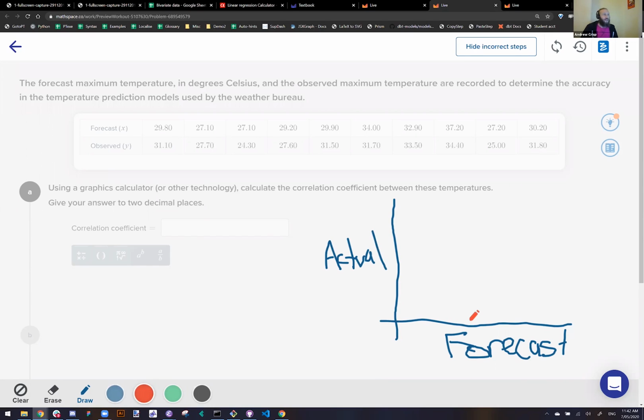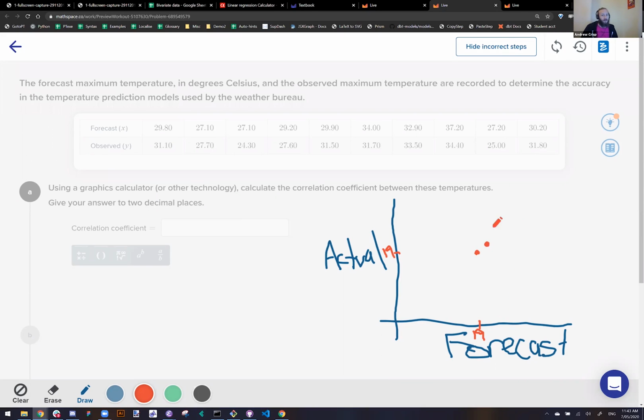So let's say that the Weather Bureau was 100% accurate every time. If they forecast 19 degrees and they're 100% accurate, then the actual should also be 19. Like so. If they forecast 20, then the actual should be 20.